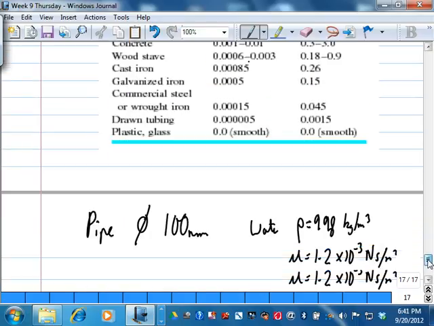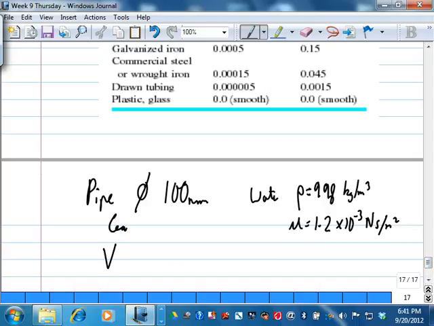What's the pipe made of? Galvanized iron. Normally called GI, galvanized iron pipe.